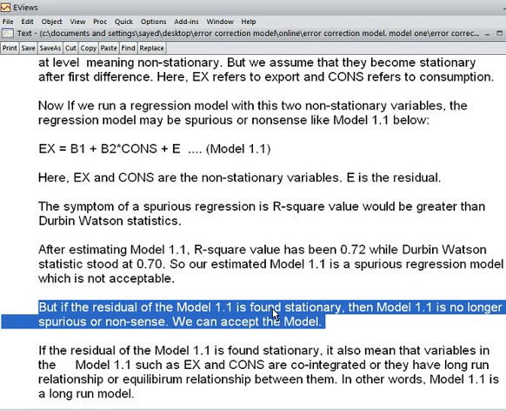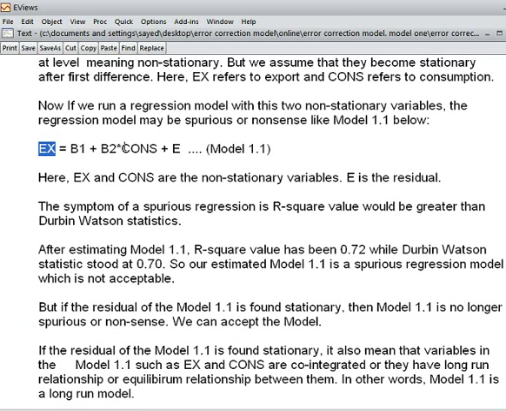Okay, actually here are two conditions. Number one condition, that ex and cons, these two variables must be non-stationary at level, and they will become stationary after first difference. That is the number one condition.